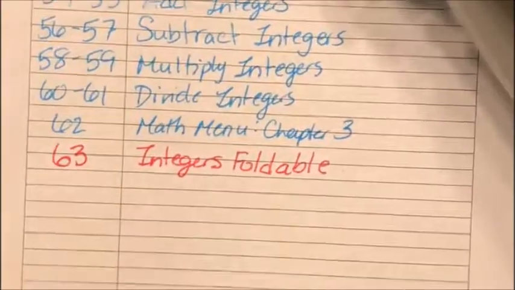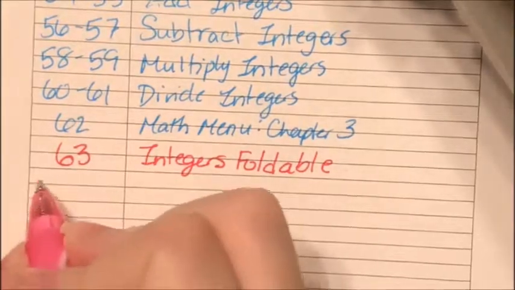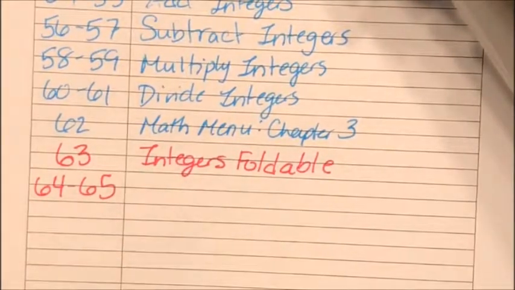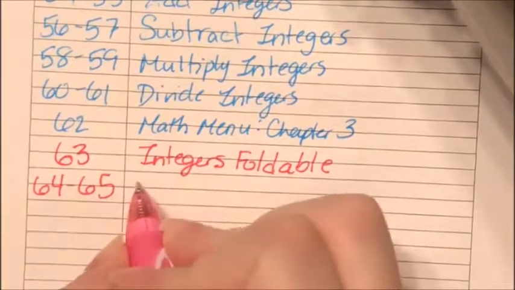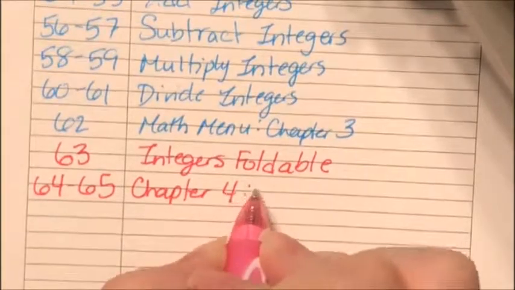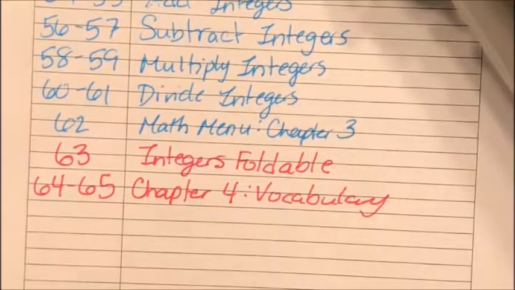Page 64 through 65 was Chapter 4 vocabulary.